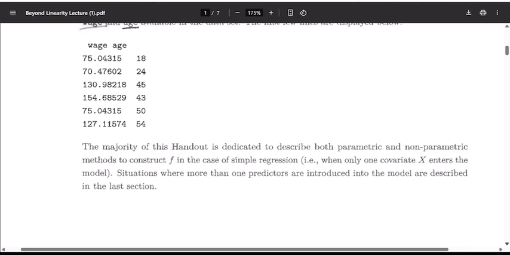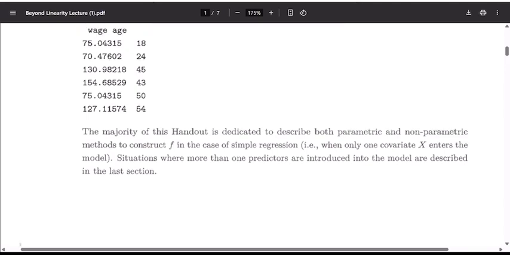I'll first walk you through the parametric one, and I'm also going to walk you through the non-parametric one. But what do I mean by parametric, and what do I mean by non-parametric? When I say parametric, please pay attention.